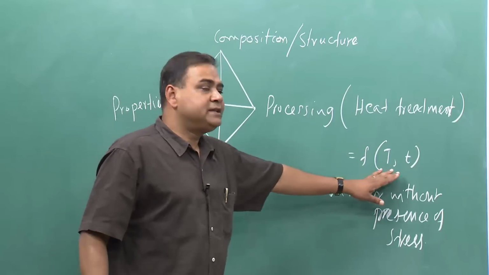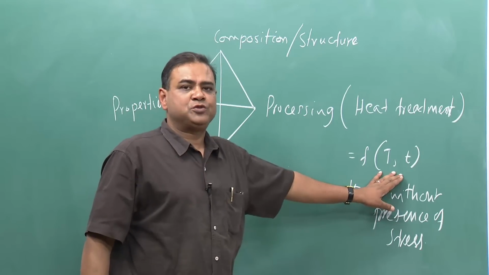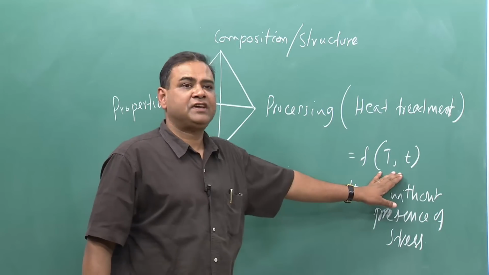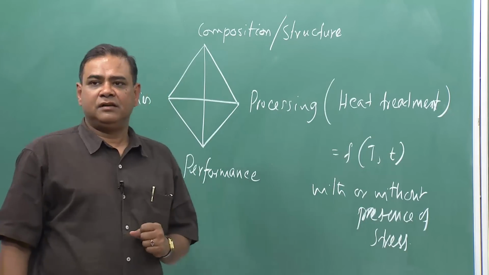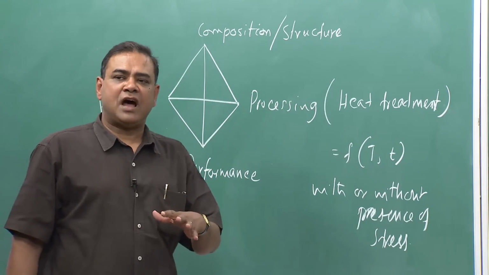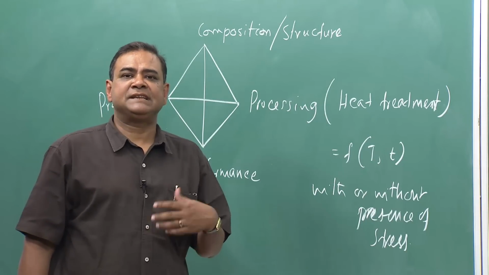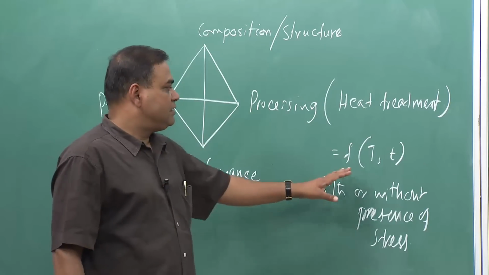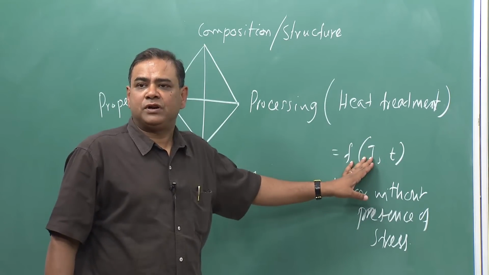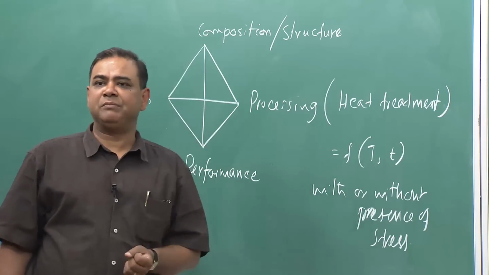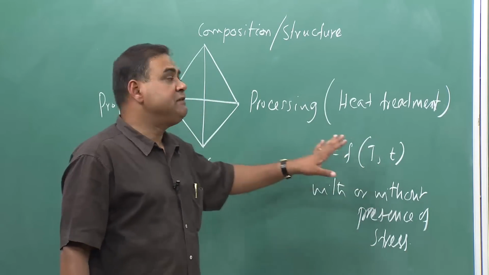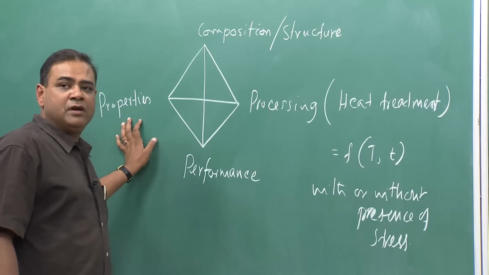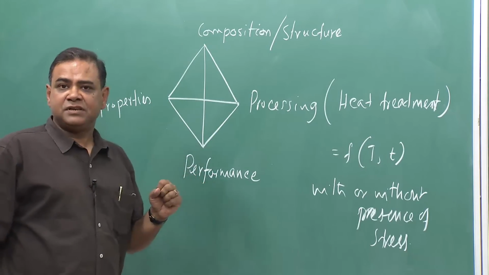Either we go straight to practical aspects, where we decide the time and temperature by trial and error, or the other way is to analyze why one particular time is required, why that particular temperature is required, and why those time and temperature would affect properties by changing the microstructures.